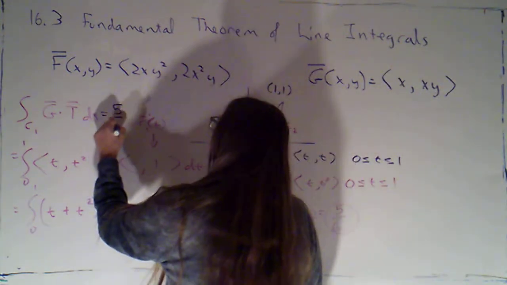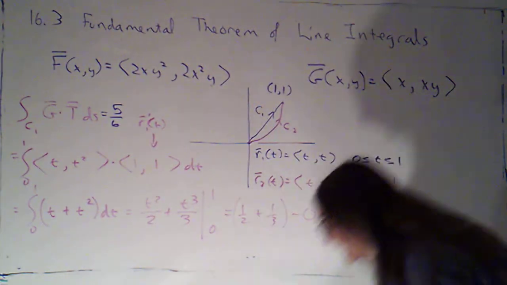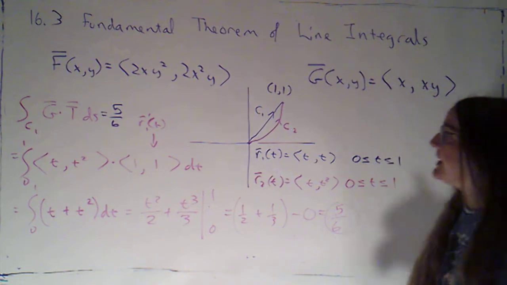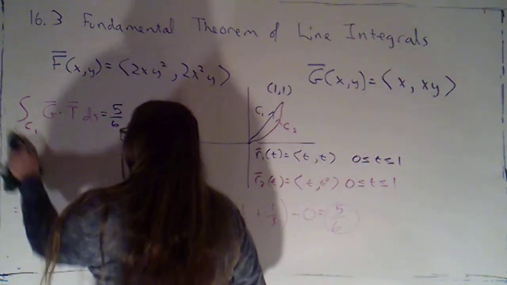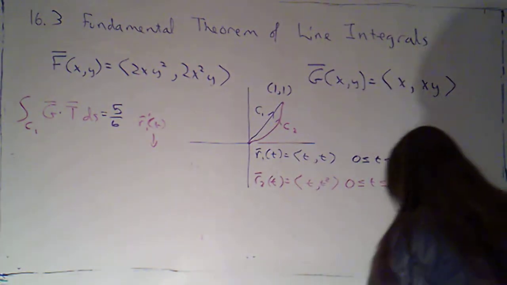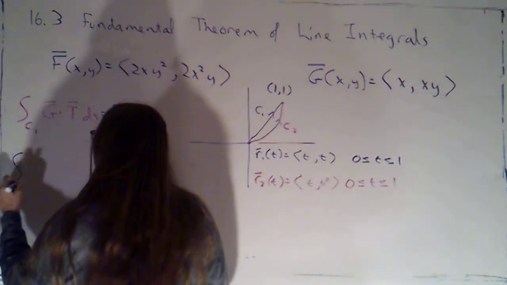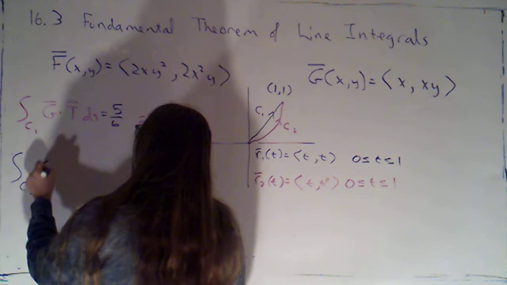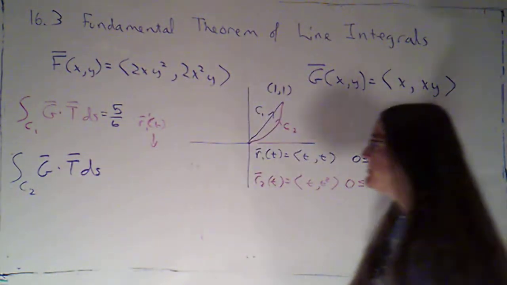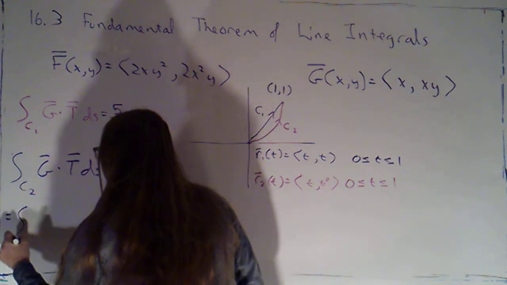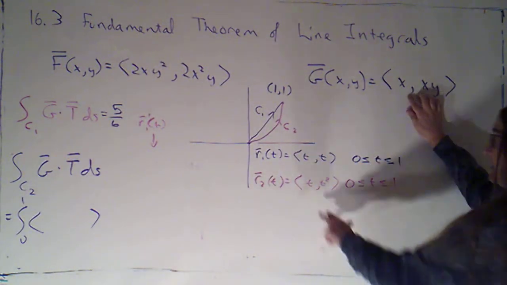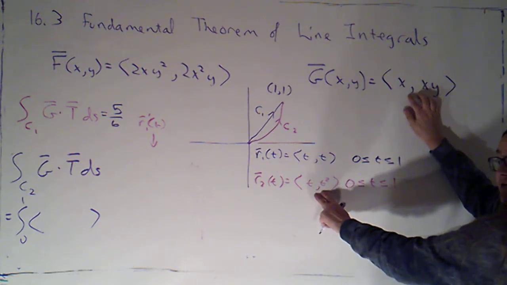Okay, so that gave us 5/6. Let's keep that result up there, but now work and see what we get along curve 2. Okay, so if I look along curve 2 of the work integral with G, I know that's going to be the integral from 0 to 1, and I'm going to write G in terms of my parameterization of curve 2.